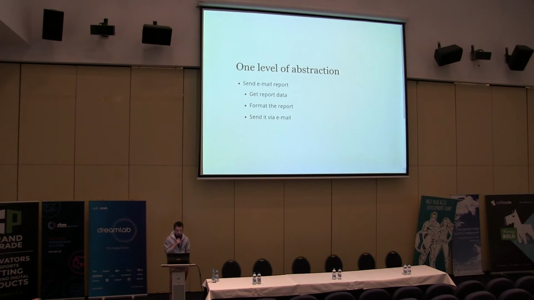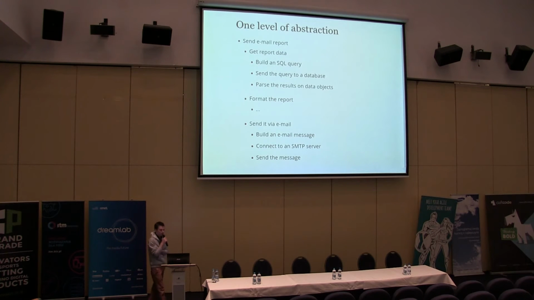The function for sending email reports is responsible for only one level of abstraction. In order to send a report, you need to perform 3 tasks. You have to get the data, format the report, and send it via email. So here, just sending the email report is the highest level of abstraction, and we perform 3 tasks on the lower level of abstraction.